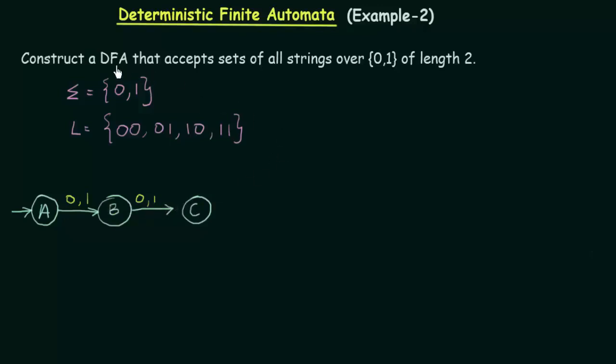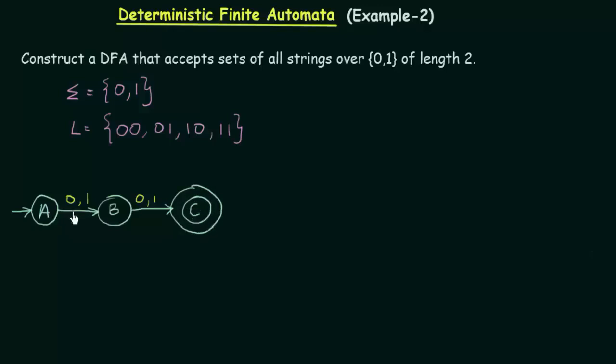The DFA that we construct should accept all strings of length 2. So if it reaches here, the length is 2, which means this should be the accepting state or the final state. So I put a double circle around C, indicating that it is the final state.